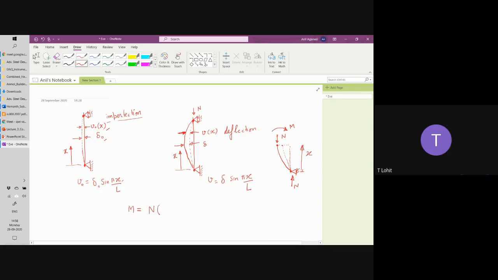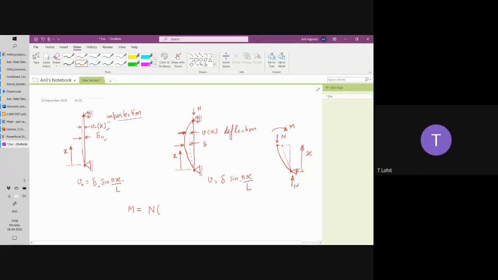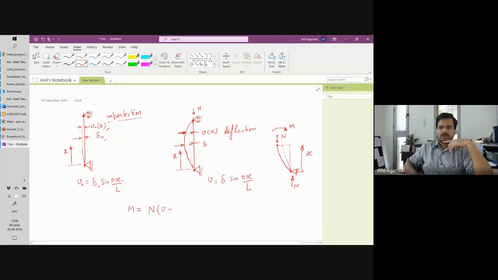N multiplied by the lever arm. What is the total deflection? V plus V naught. That is correct, right? This part is V and this part is V naught.